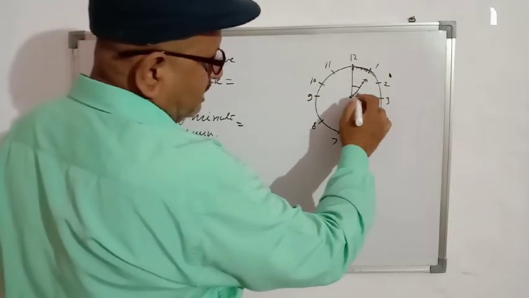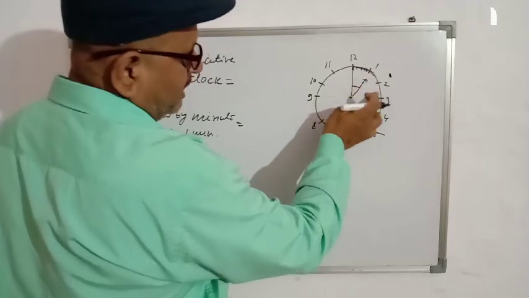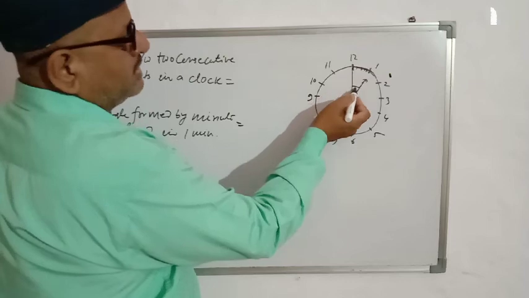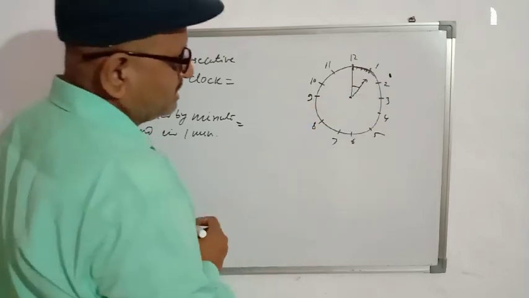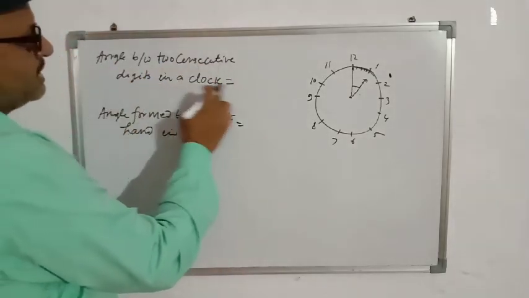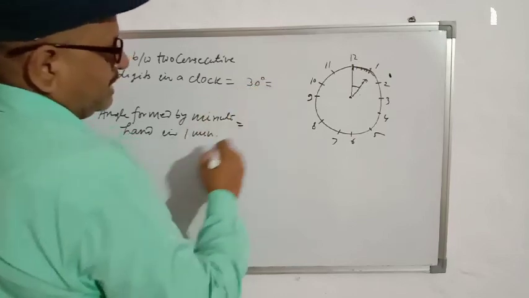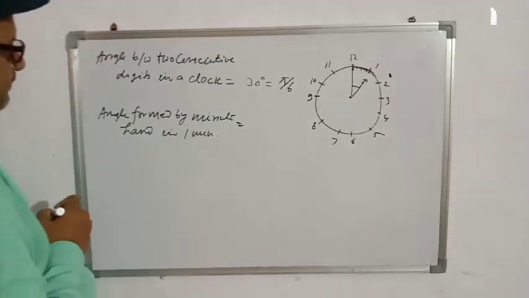Up to 3, it is 90, and this 90 is divided into 3 parts equally. So the angle between two consecutive digits is 30, then 60, 90, like that, and the complete angle is 360. So the angle between two consecutive digits in a clock is 30 degree. In radian, we can write pi by 6 radian.